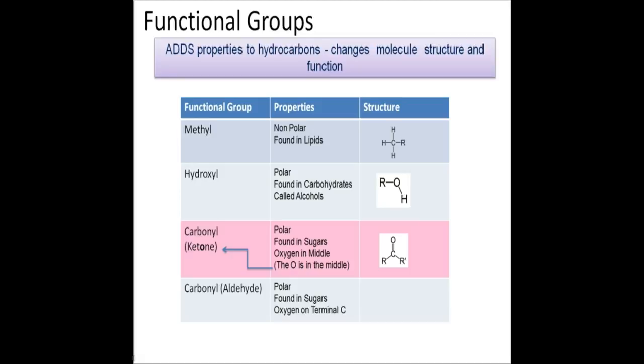That means the carbon bonded oxygen is on a carbon that's in the middle of the compound, not a carbon at the end of the compound. So an aldehyde is the carbonyl group where the double bonded oxygen is on a terminal carbon. A terminal carbon is just a carbon at the end of the molecule.